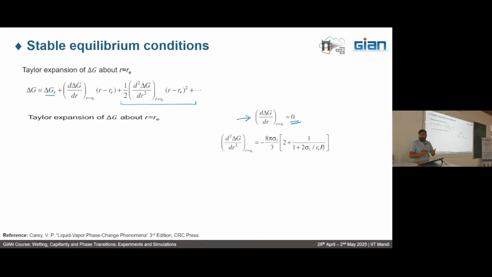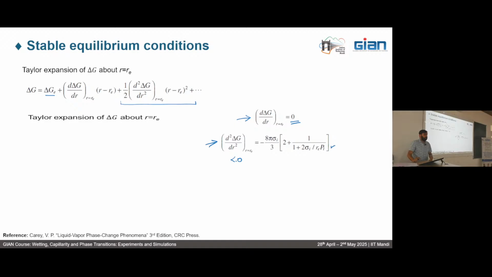Now to see if this point is a point of maxima or minima, so that we can know whether our Gibbs free energy is maximum or minimum at that point, we take the double derivative. And when we take the double derivative, the expression we get is minus 8πσ_I/3 times (2 plus 1 over 1 plus 2σ_I R_e P_L). Now in this complete expression, all the terms seem to be positive, so it means that this is less than 0.